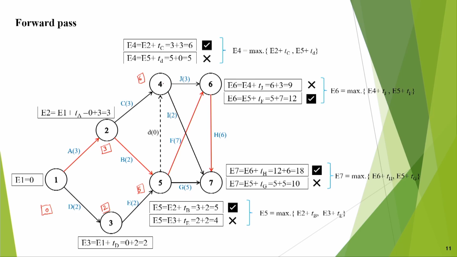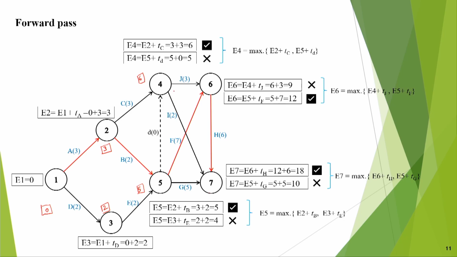Suppose we have got 6 plus 2 is 8. We are getting one path through TG, but the other side is also coming from here.